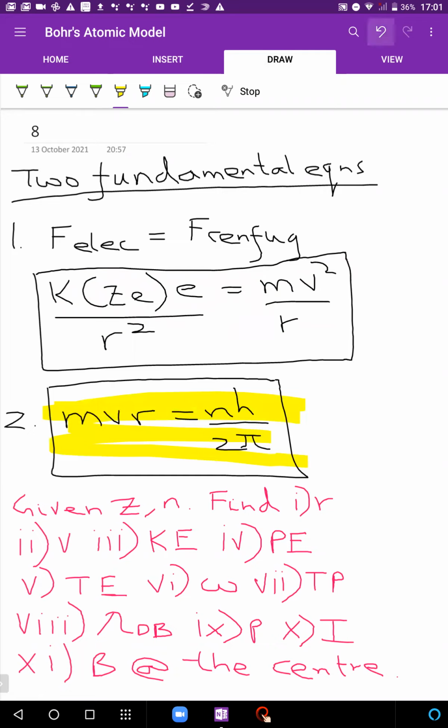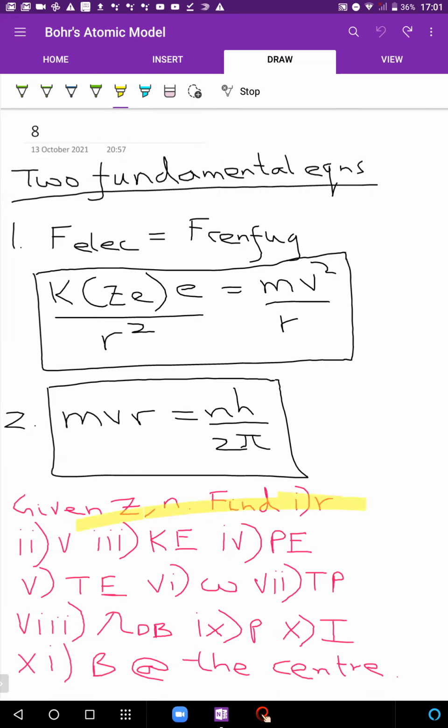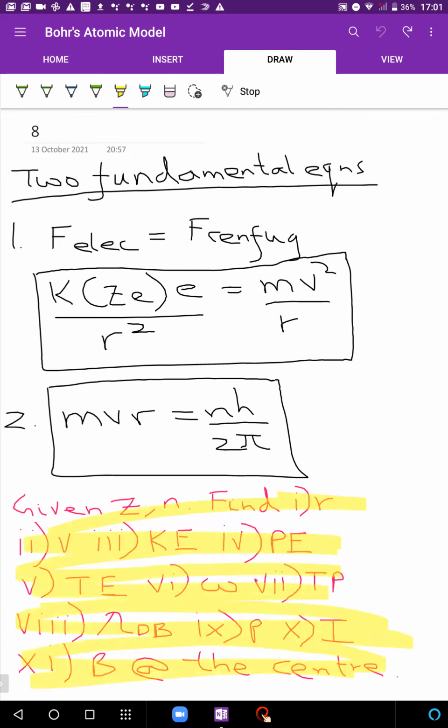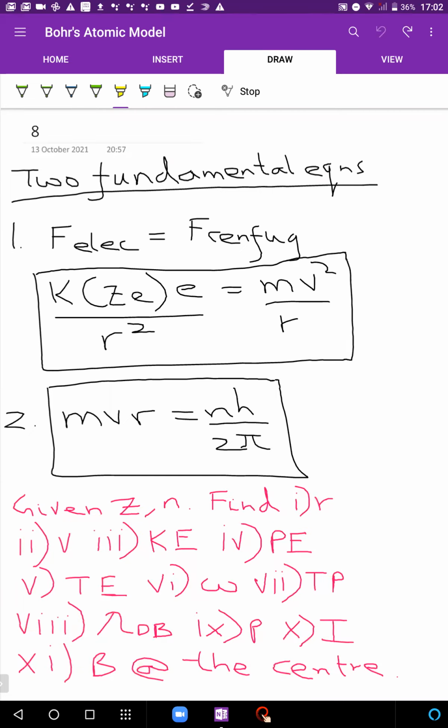And with these two, in a way like axioms, you can prove everything else, or you can find a formula for everything else. Now, mainly the formulas for the first five are quite important, and I'll talk about that in detail. But I just want you to spend some time at home trying to get a formula for all of these. Let that be like a practice question. This is one of the main things in Bohr's atomic model. Can you use these two fundamental equations to derive results for the others? So just try that at home. R is radius. V, you're given what?